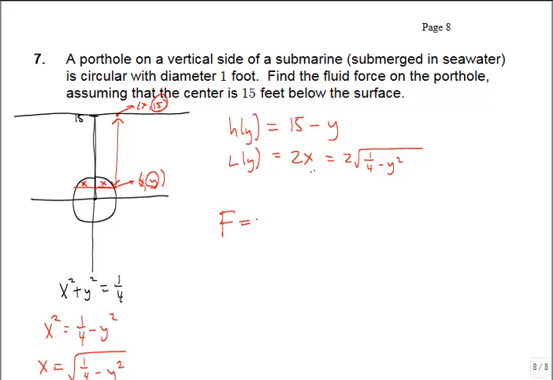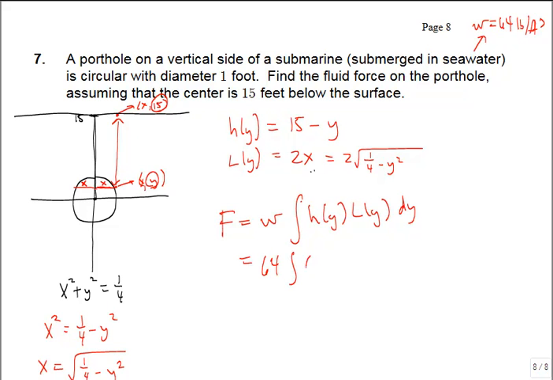So our force is going to be the weight density times the integral of our depth function times our length function. We're in seawater this time, so seawater has a weight density of 64 pounds per cubic foot. So we're going to use 64, and then our depth was this 15 minus y, and our length was this 2 times the square root of 1/4 minus y squared dy.